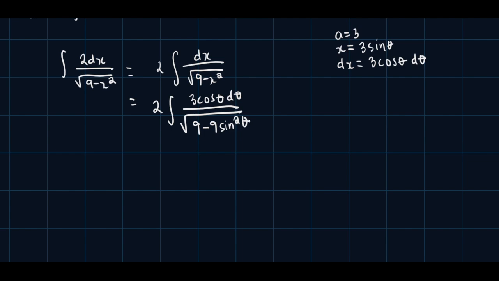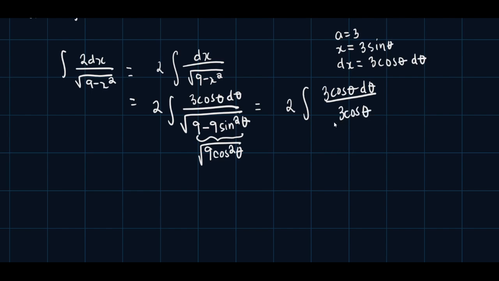Okay, similar dun sa ating first example, this part here will actually be equal to 9 cosine squared theta, or square root of 9 cosine squared theta. So after simplifying, we have 3 cosine theta d theta all over 3 cosine theta. We can cancel these two out to get 2 times the integral of d theta, or that is equal to 2 theta plus c.